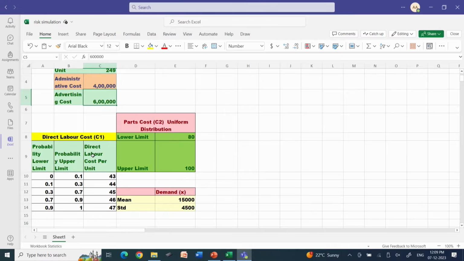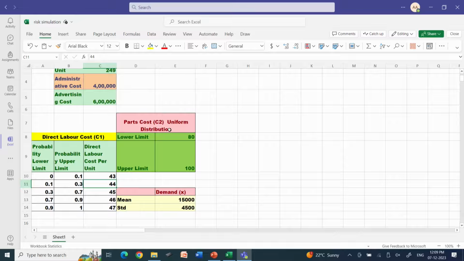Direct labor cost follows an empirical distribution. We wrote the probability interval, the probability lower limit and upper limit, and the direct labor cost when it is 43. If it is 44, we have given the probability lower limit and upper limit, and we have done it for all other values of labor cost.